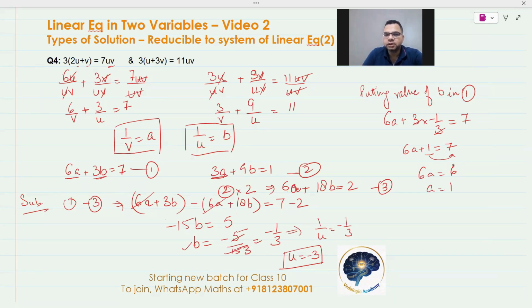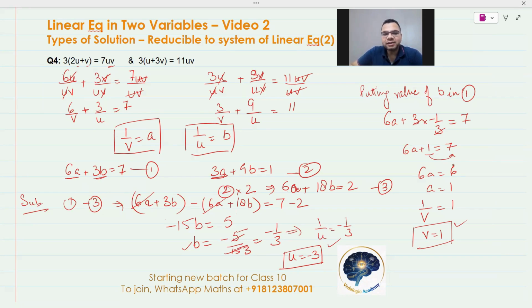And a becomes 1. What is a? a is nothing but 1 upon v. And therefore v becomes 1. So if you see here, we have found the values of both u and v. So this is how you have to do these questions. The values of u and v are integers only, right? So that's what I was trying to say in the previous question.